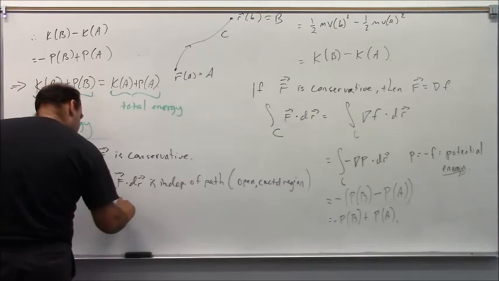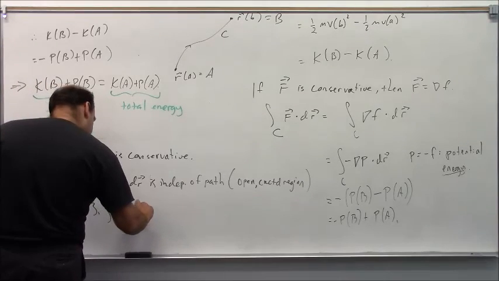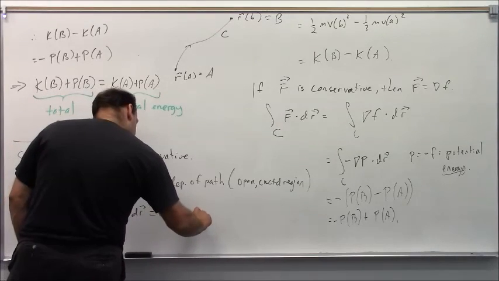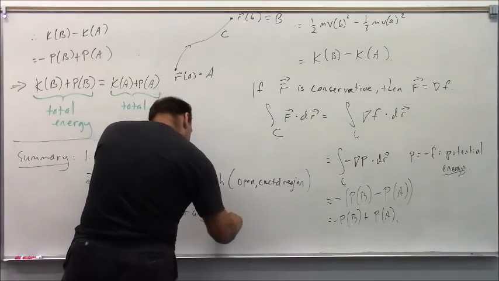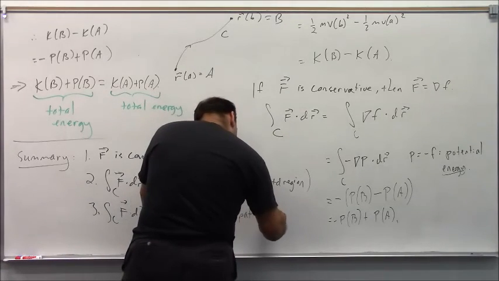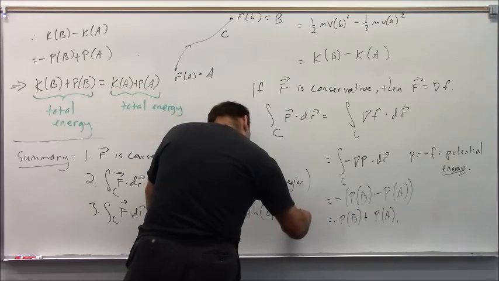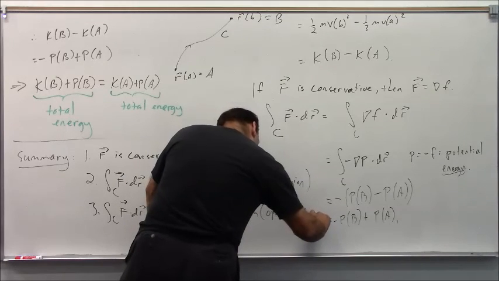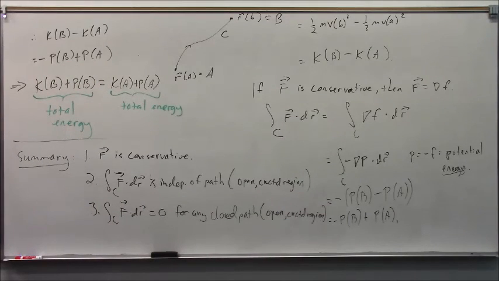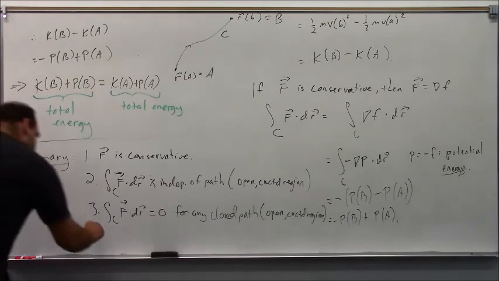The path integral over C of f dot dr is 0 for any closed path. Again, this is for an open connected region. If that happens, then in fact f is conservative.